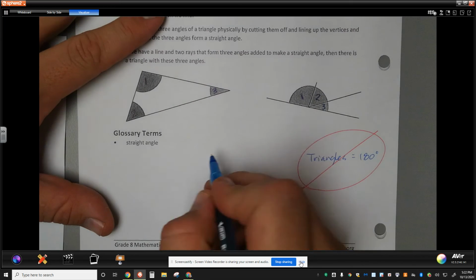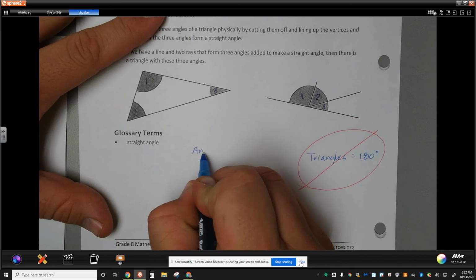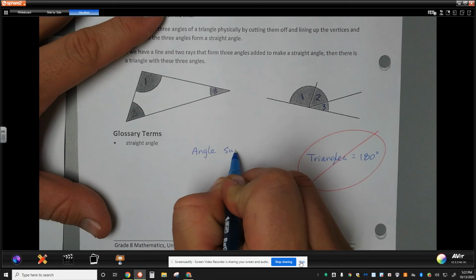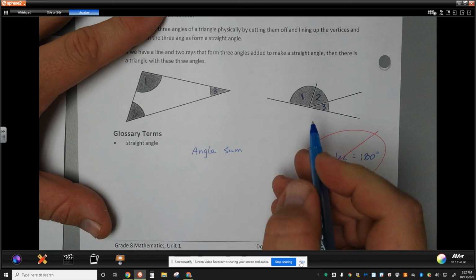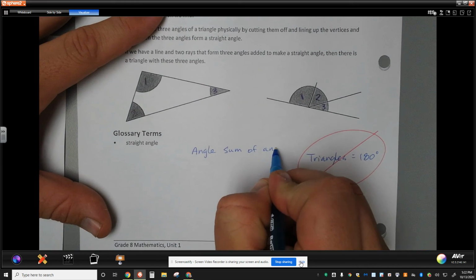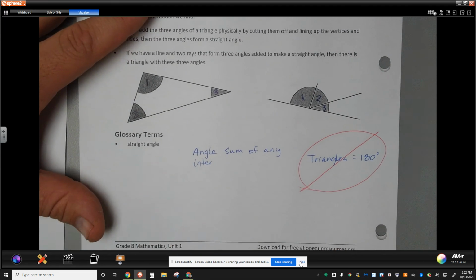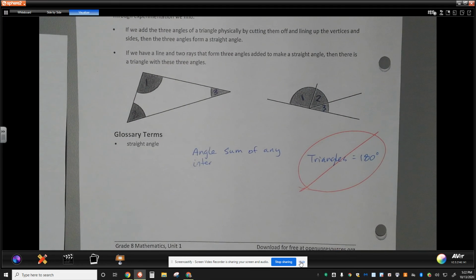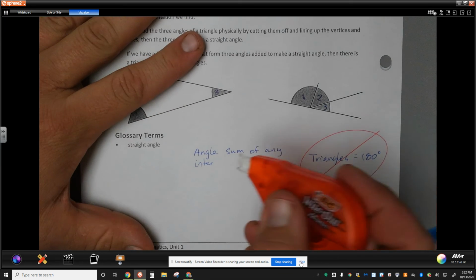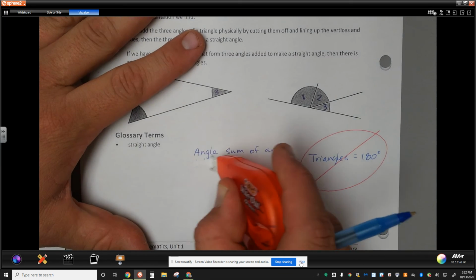What I need you to understand is that the angle sum, that's SUM, addition of any interior angles. Oh, I don't like the way this is turning out. I would actually want you to notice that the interior angle sum, that's better.